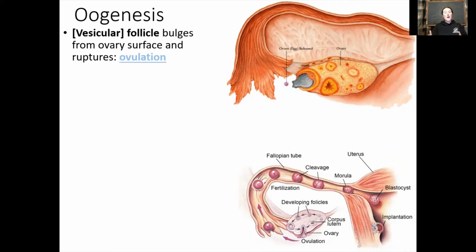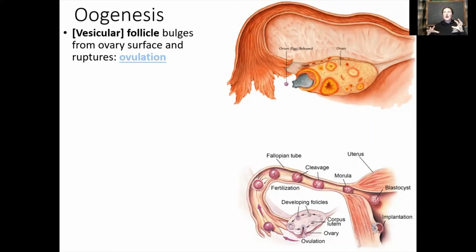I include this image because there actually is space between the ovary and the beginning of the fallopian tube. So ovulation is going to occur, it spits the egg out, and hopefully the egg makes it into the fallopian tube to ultimately go down into the uterus.